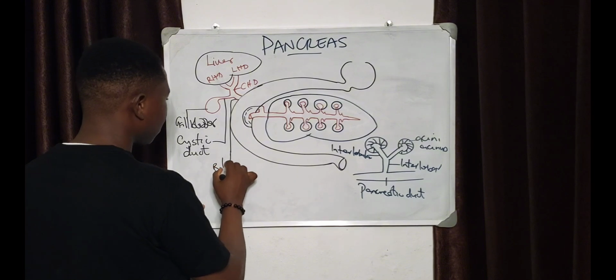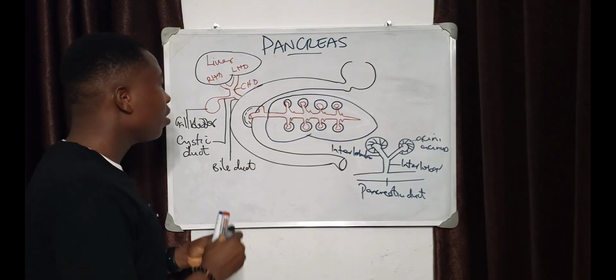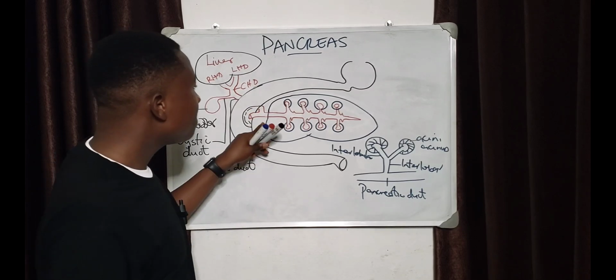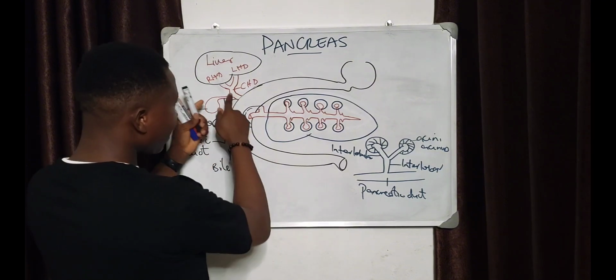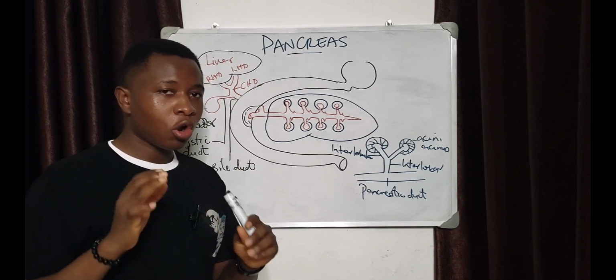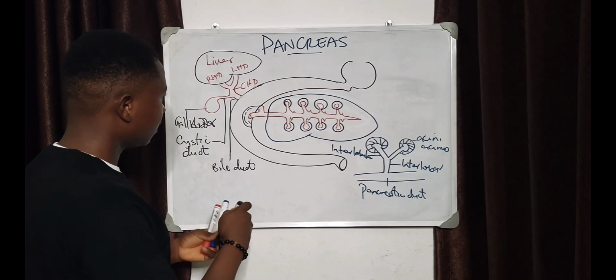The bile duct. Okay. So having said that, the bile duct meets with the pancreatic duct. So the bile duct coming down, it meets with the pancreatic duct at a junction called the ampulla of Vater.